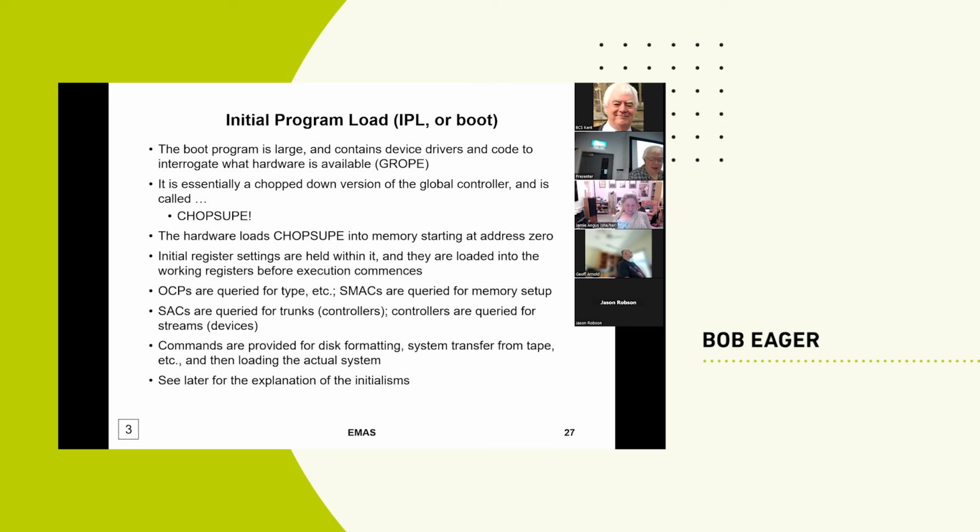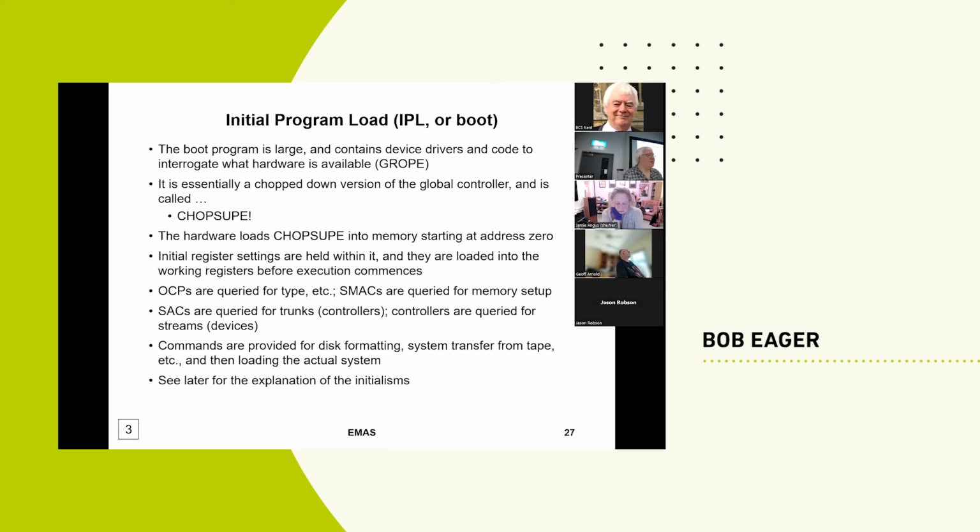It asks the OCPs, what sort of OCP are you? Are you 2960, 2970, 2980? It asks the store controllers, SMACs, for memory setup. Memory doesn't have to be in one lump. It asks the store access controllers, which are peripheral controllers, what controllers have you got attached to you on your trunks?